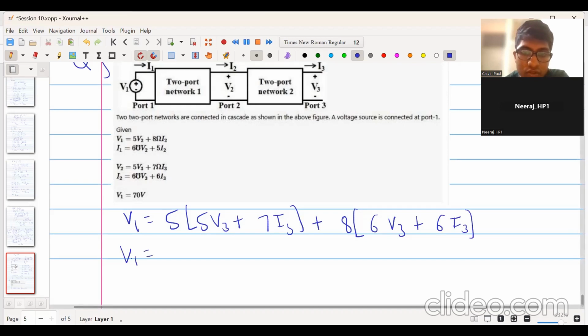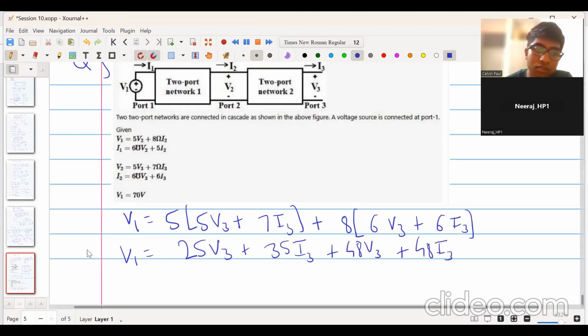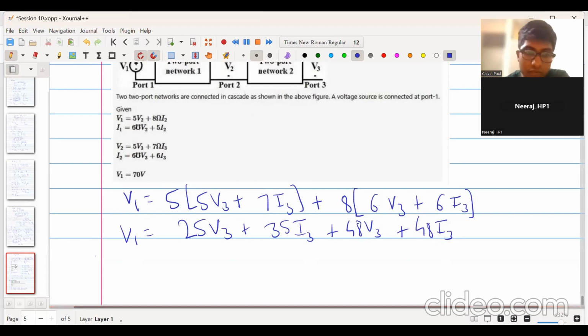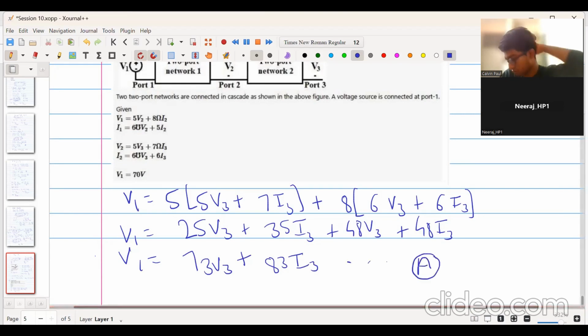We get V1 is equal to 25 V3 plus 35 I3 plus 48 V3 plus 48 I3. So we get V1 is equal to 73 V3 plus 83 I3. This is equation A. Any doubts on how this is found?